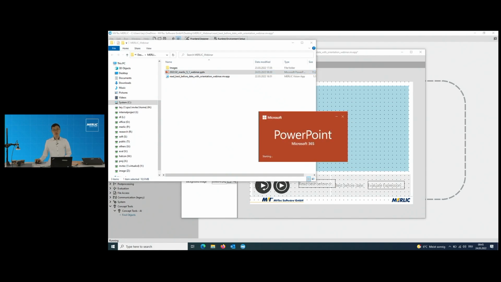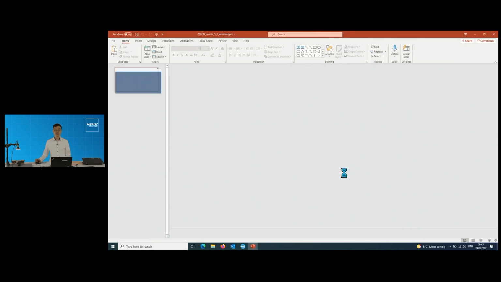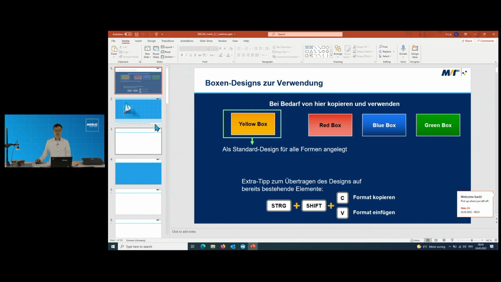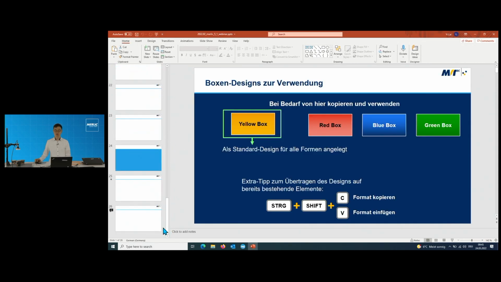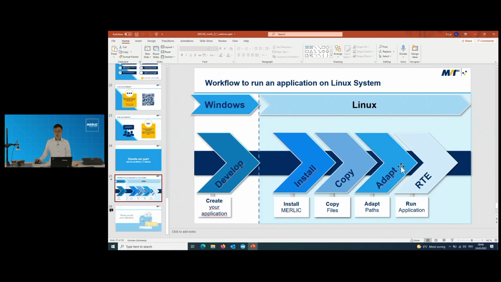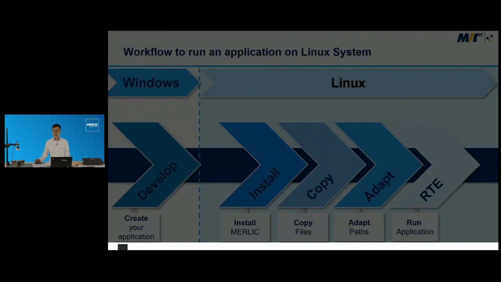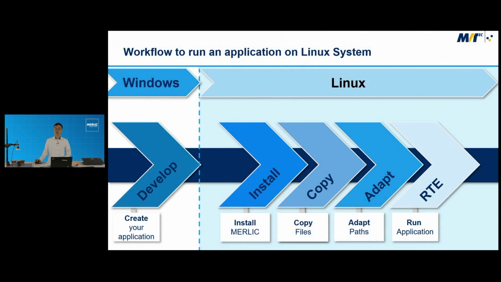You may still remember that Christoph mentioned once what our workflow is like when we develop the application. You see here, we have already developed our application on the Windows laptop, and what should we do on the Linux laptop?